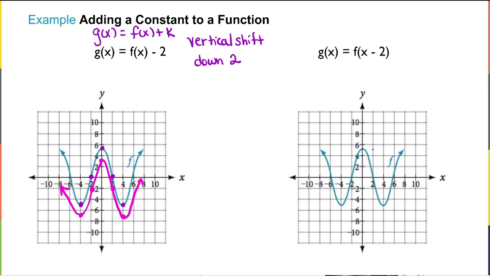So for the next one, we have g of x equals f of x minus h, which is not a vertical shift, it's going to be a horizontal shift. And if it's minus 2, we're going to shift to the right.